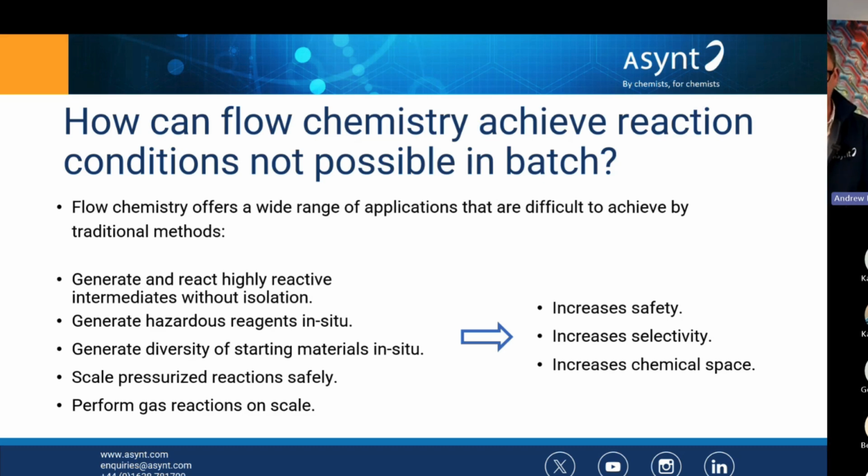I mean, it can be done, but in a flow reactor, because we're pressurized and we're only reacting a small amount of material at any point, that evolution of gas is controlled. And then we can control the outgassing at the other end. So all of this comes down to increased safety, increased selectivity, increasing chemical space, and adds to some of those benefits that we've spoken about.